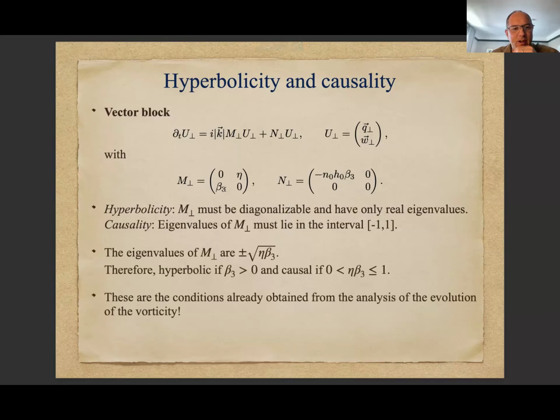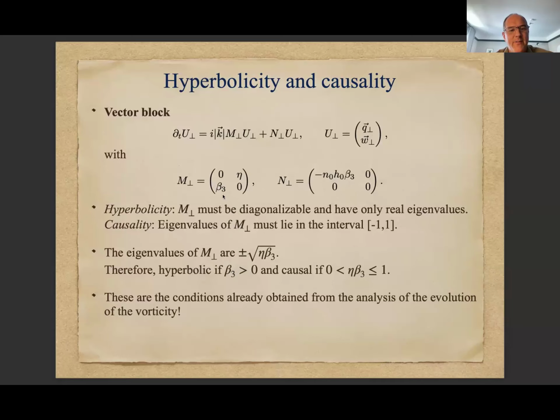Now it is really easy to compute the eigenvalues of M perpendicular, which are just plus or minus this. For the system to be hyperbolic, the eigenvalues must be real, so beta 3 should be positive. For it to be diagonalizable, it cannot be 0, because eta is always positive.